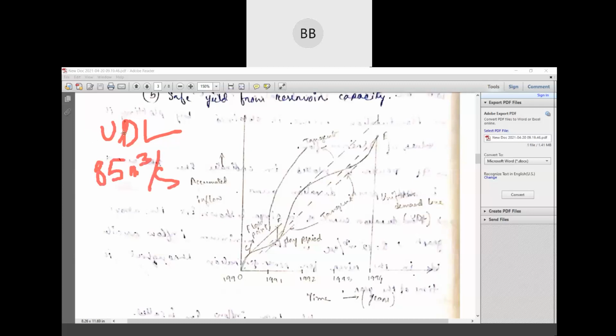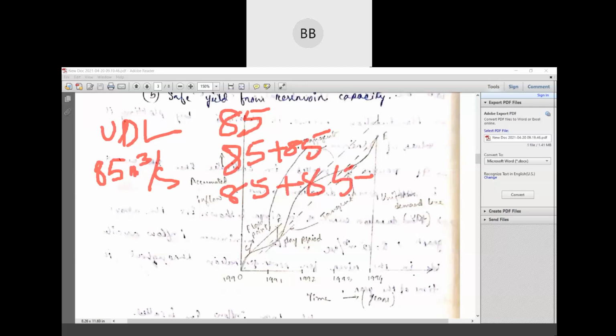Then to find the UDL, we take the accumulated demand: for the month of January 85, next 85 plus 85, next 85 plus 85 plus 85, and so on.